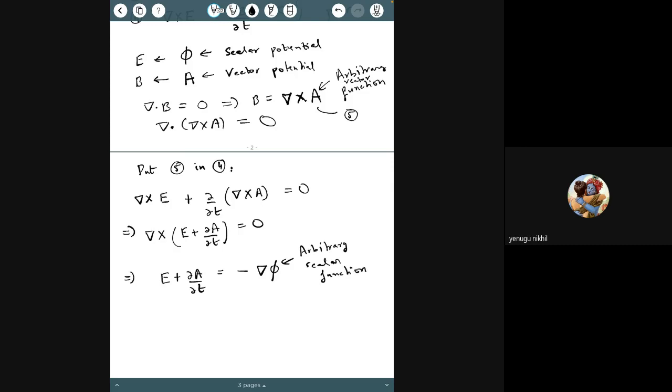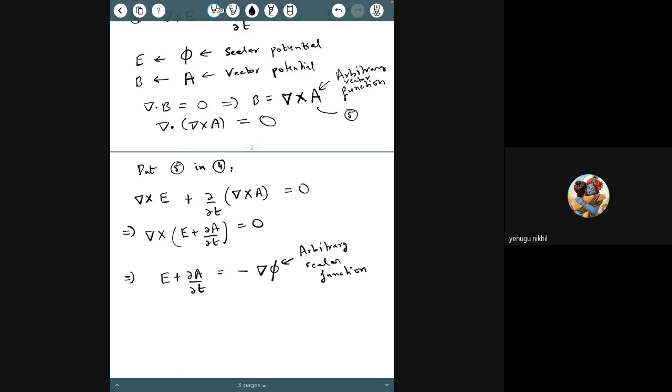This we conclude from mathematics, and again we identify it as a scalar potential because E is a field. And the minus is a convention. The minus doesn't come from mathematics.